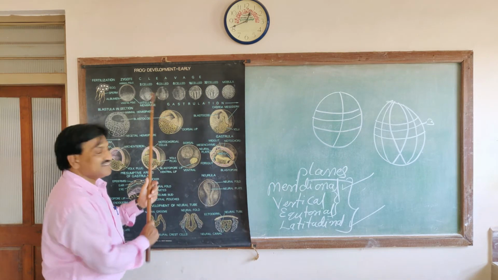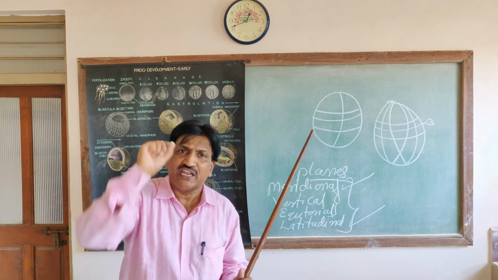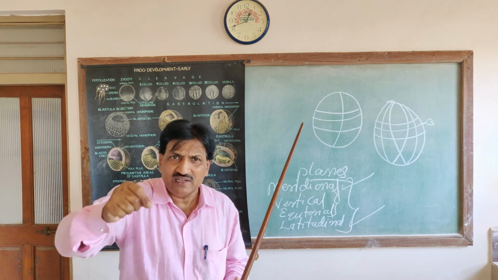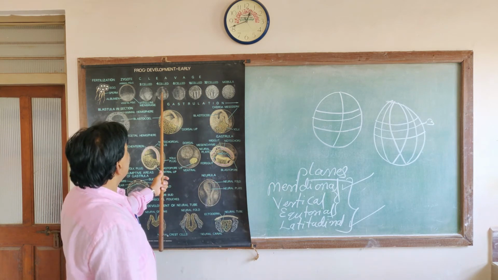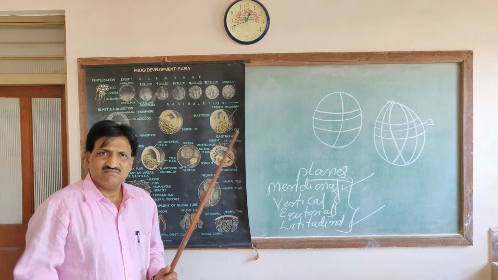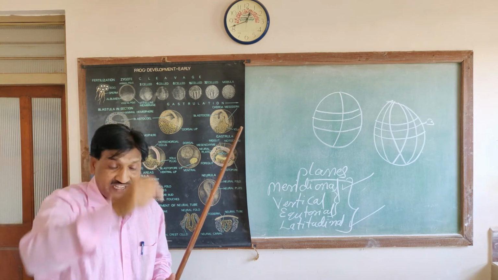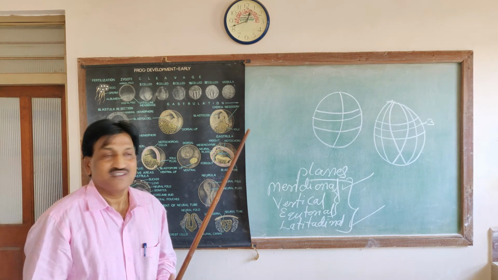If it is 4 cells, you repeat the same statement: holoblastic and unequal. Sir, it is the second cleavage plane. It is meridional, starting from the animal pole and extending to the vegetal pole, having 4 similar cells.